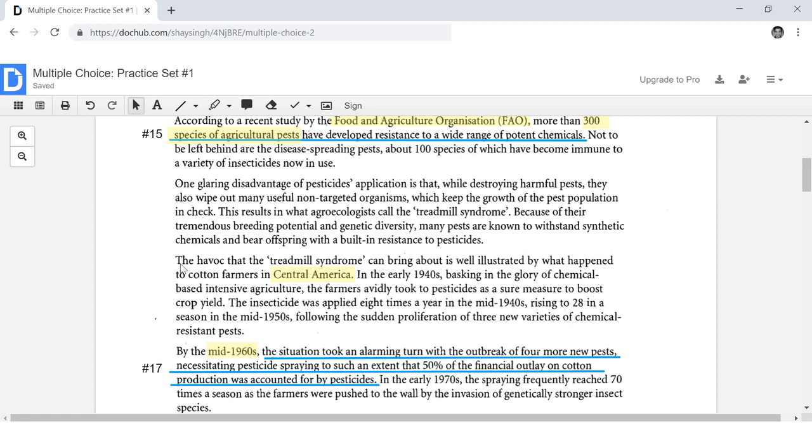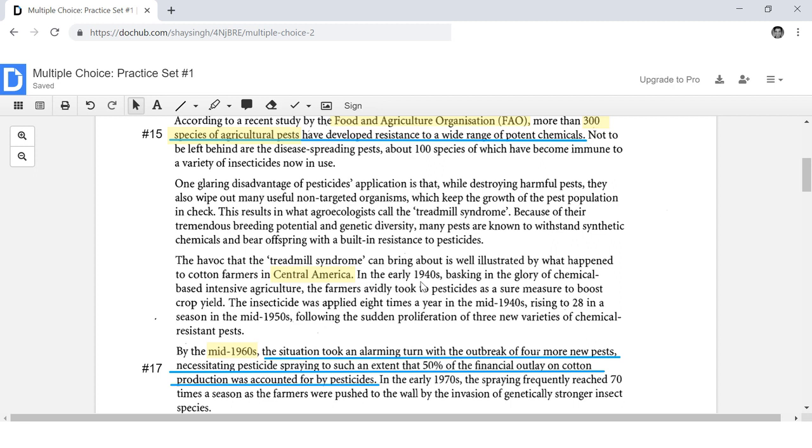So here we go. The havoc that the treadmill syndrome can bring about is well illustrated by what happened to cotton farmers in Central America. So nothing about our answer there. We are looking specifically for the reason why farmers in Central America started using pesticides. So let's keep reading on. Let's read the next sentence.